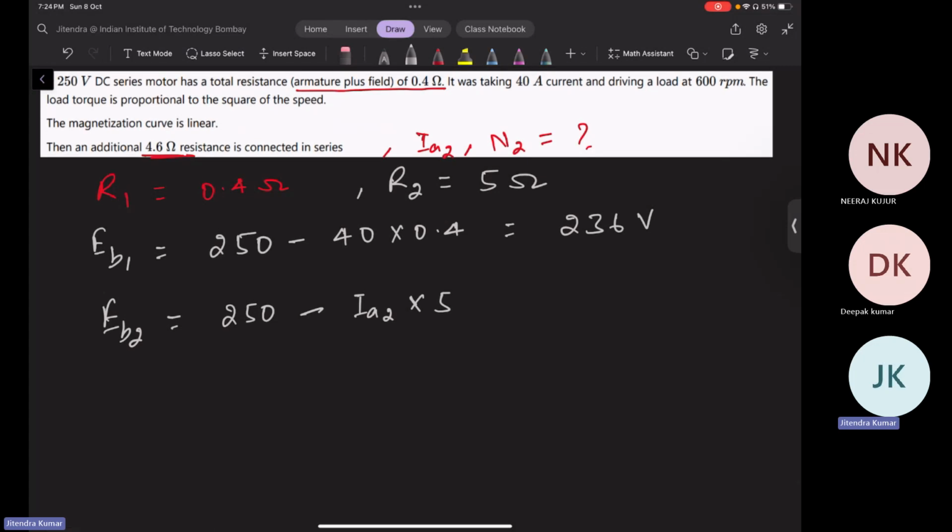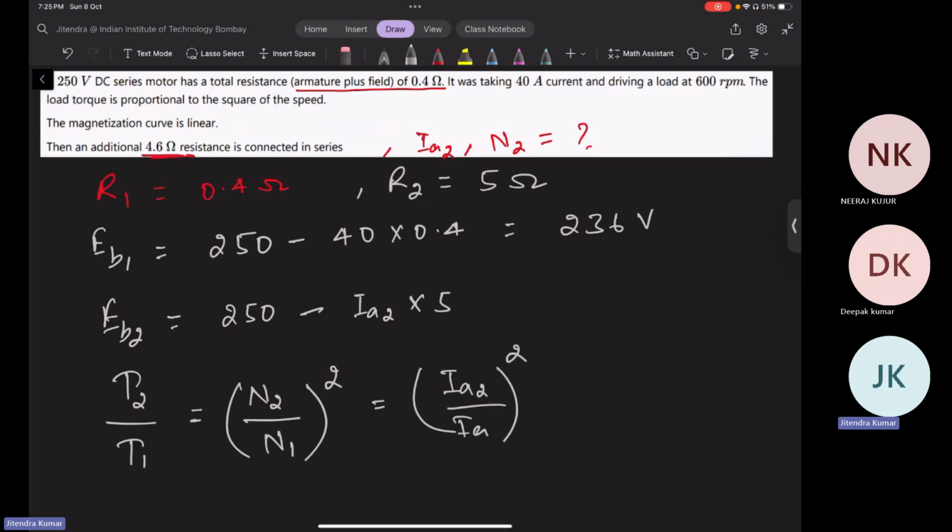So for calculation of Ia2, T2 by T1 is equal to N2 by N1 whole square, which is equal to Ia2 by Ia1 whole square, because If2 is equal to If1.